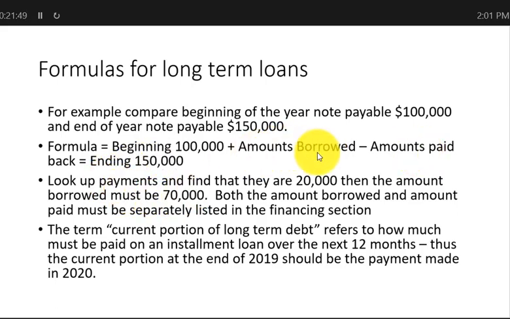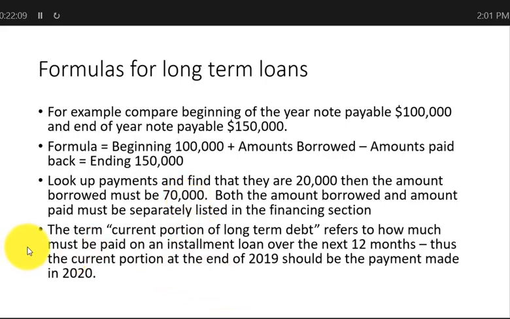That's the only way that this could work. Again, if we know three of them, we can figure out the fourth. And then we would list the $20,000 as negative in the financing section and $70,000 as positive. Not just a $50,000, but we have to separate the two.